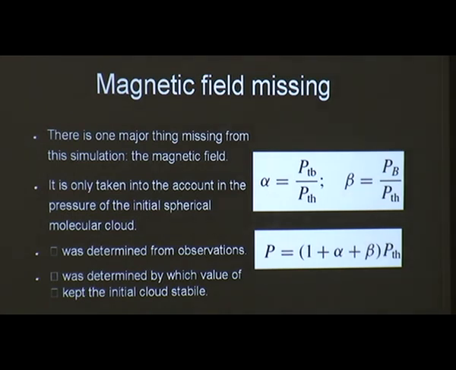And I think they say that they determine the value of the pressure from beta in that way: they run the simulation without the ionization turned on and determine the value of beta in which case the cloud is stable without ionization.